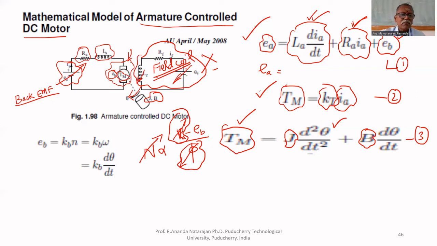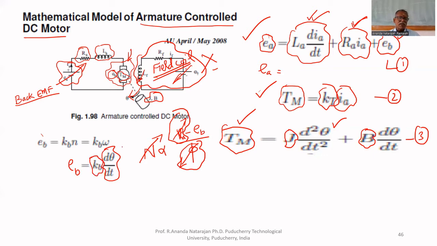But we know the back EMF. How is back EMF generated? A coil is rotating in the magnetic field, that's why an EMF is induced. That EMF opposes the applied voltage, Lenz's law. So it is proportional to the speed of the armature. Back EMF is proportional to speed d theta by dt. If you make it equal, you multiply by kb.